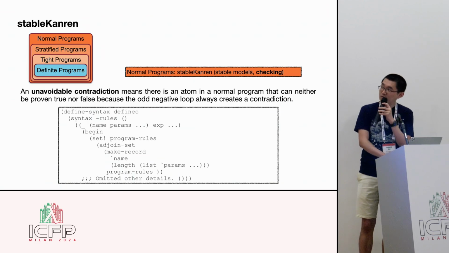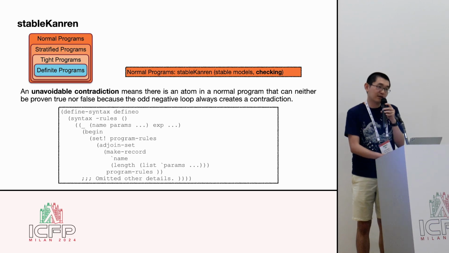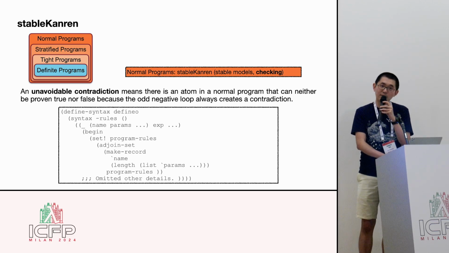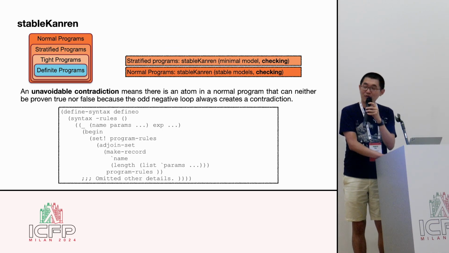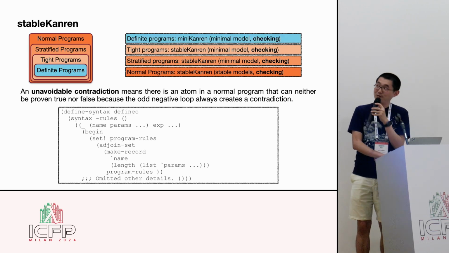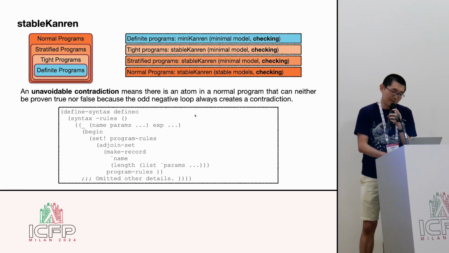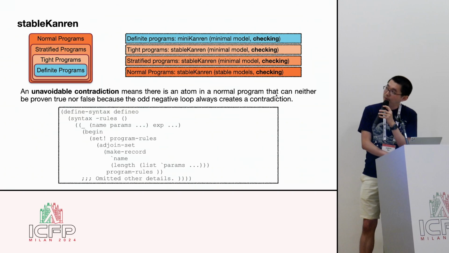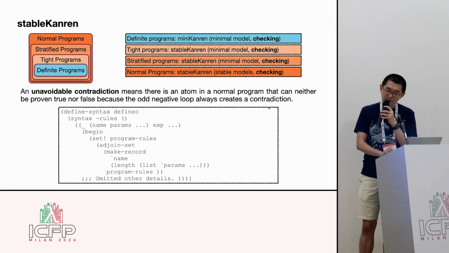So in this case, for a normal program we definitely need to do some extra checking to find out this unavoidable contradiction. But it also does it for the stratified program, the same for the tight program and the definite program. Okay, so this is why the example program I showed in the introduction session cannot be run under stableKanren.